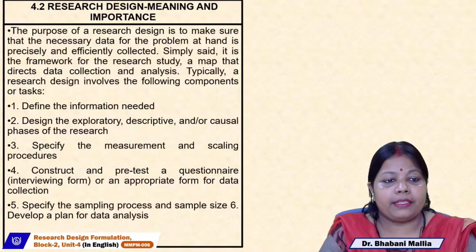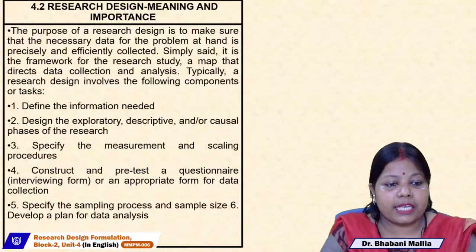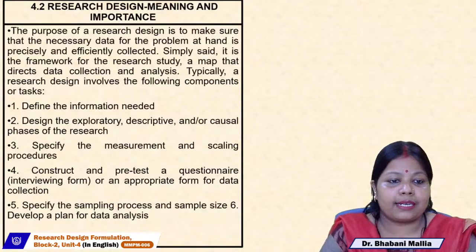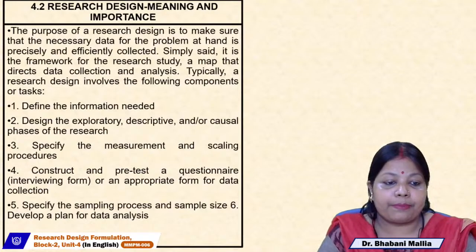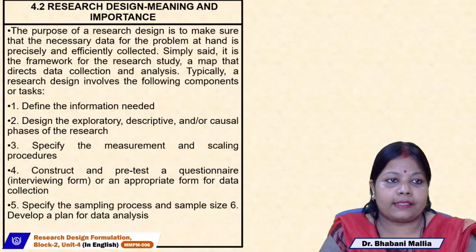Then after defining the research design, we can specify the measurement and scaling procedure, which can help us construct and pre-test a questionnaire, or an appropriate form for the data collection, which is most relevant after framing the research design. We also specify the sampling process and the sample size. After that, we can develop a plan for the data analysis.